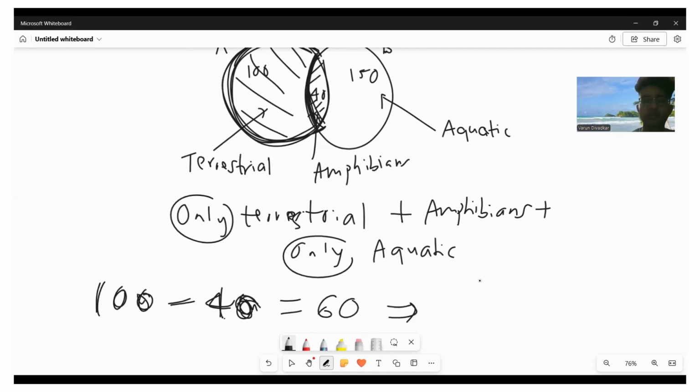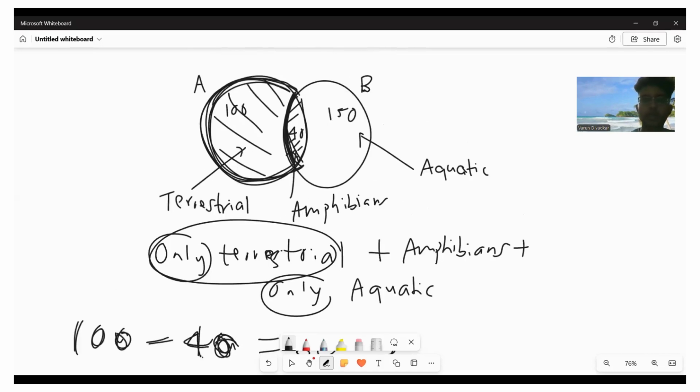This is only terrestrial, 60, right? And then what is the number of only aquatic animals? The total number of aquatic animals minus the number of amphibians, right? That gives you this region.